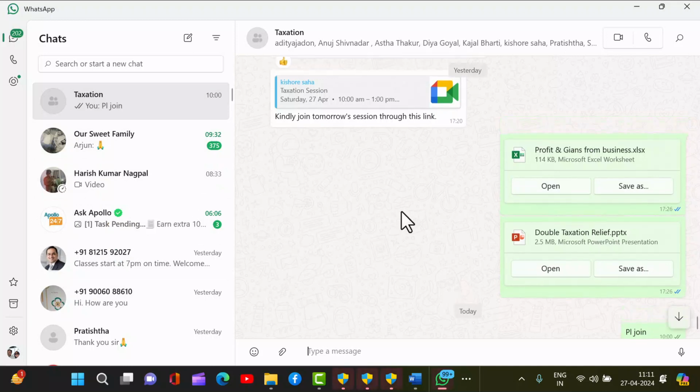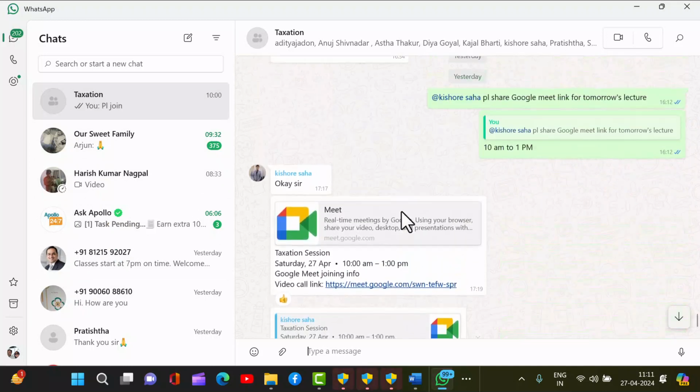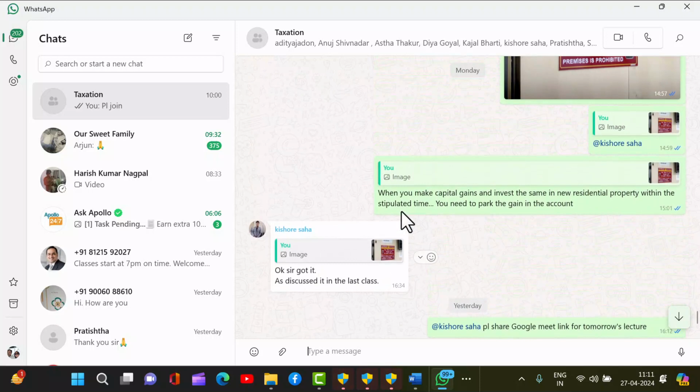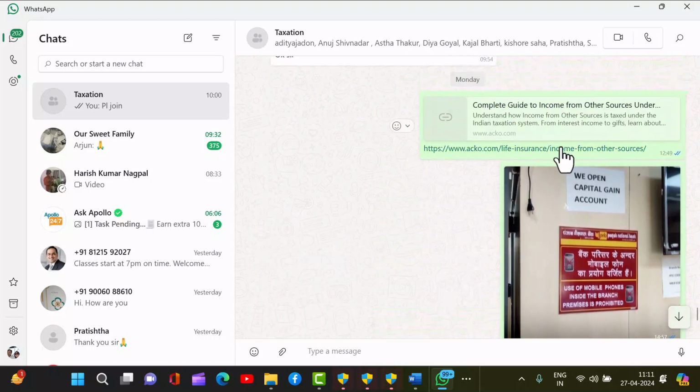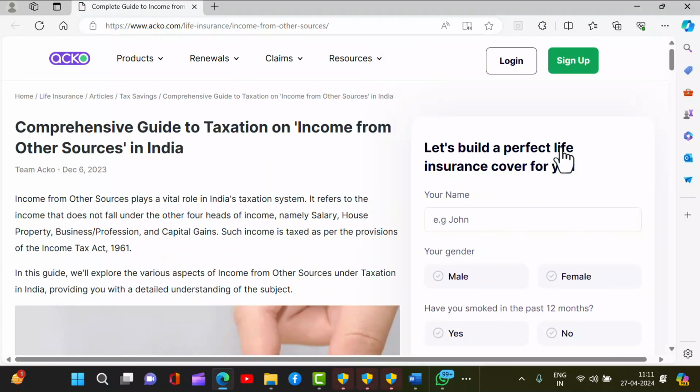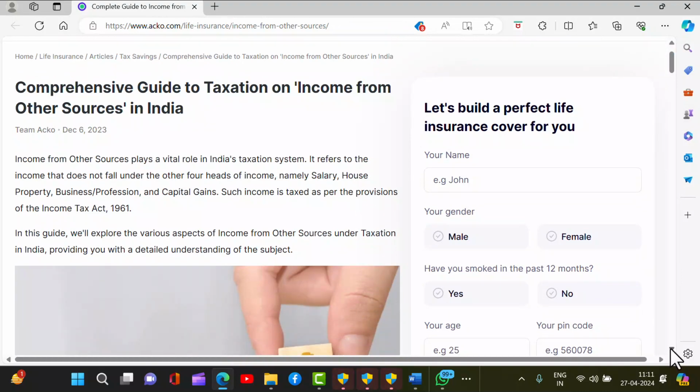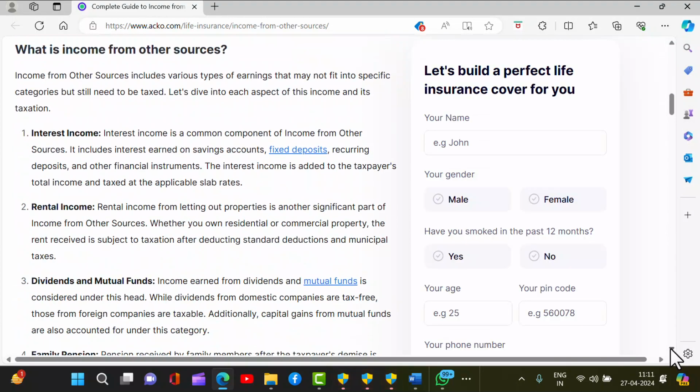I've just shown you that there is another head called income from other sources. I've just shared also. Just open this. Can you read this, Kishore? Comprehensive Guide to Taxation on Income from Other Sources in India. So what is the income from other sources?